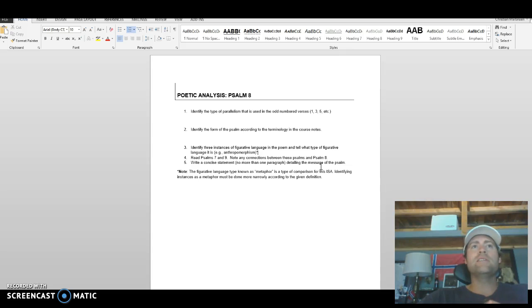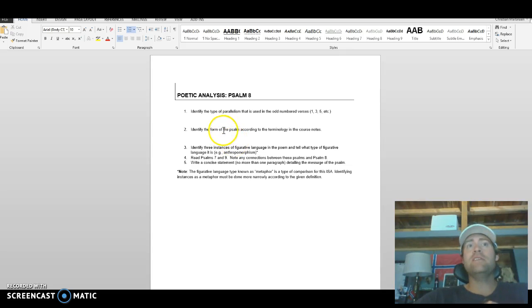But the point is that you are able to concisely take, whether it's a long chapter or section of scripture or relatively short, and be able to clearly and concisely, in no more than a paragraph, detail what the message of that psalm is. And I would say that the message of the psalm should reflect something of the form of the psalm.